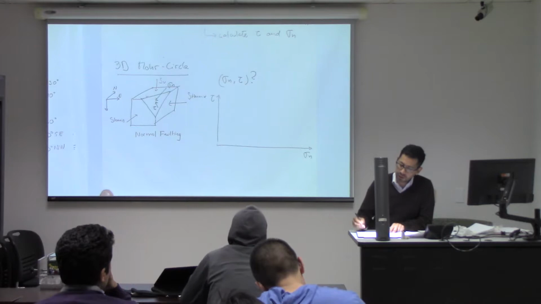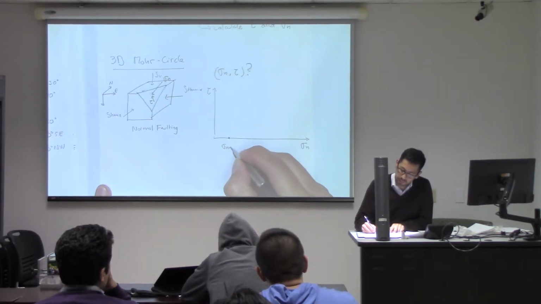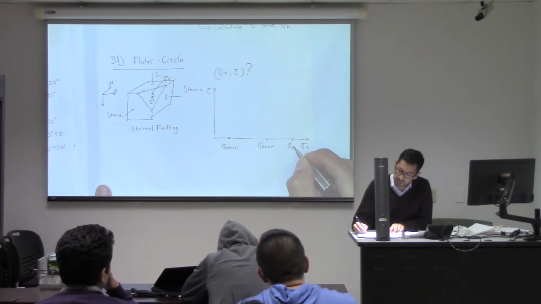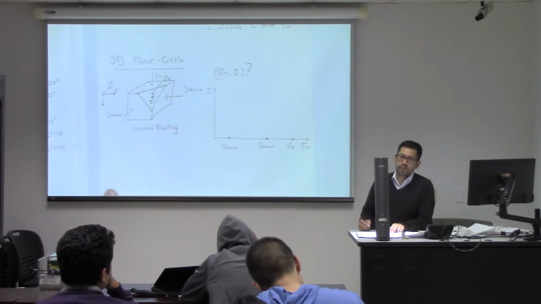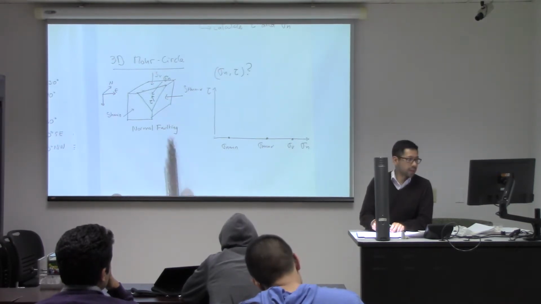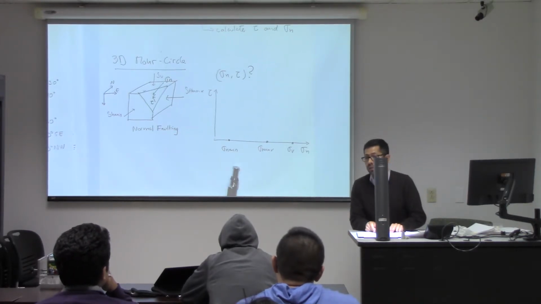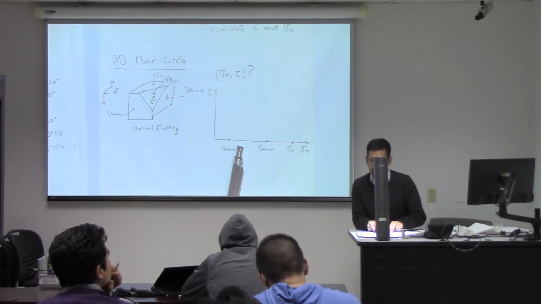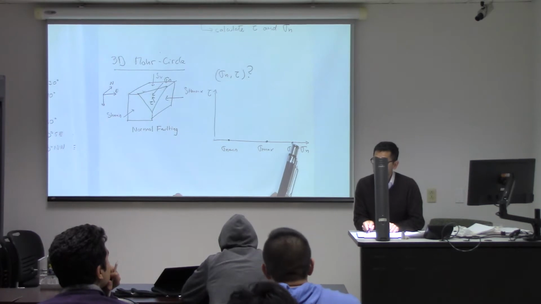If this is normal faulting, I can calculate sigma h min, sigma H max, and sigma v, and those are all points on the x-axis. What is the shear stress on the principal stress planes? Zero, right? By definition, principal stress planes do not have any shear stress. So this is 0.